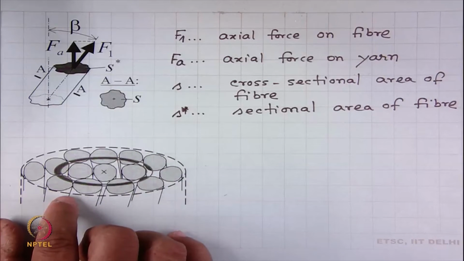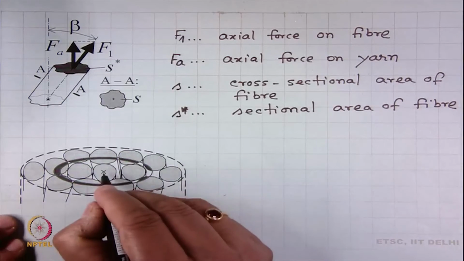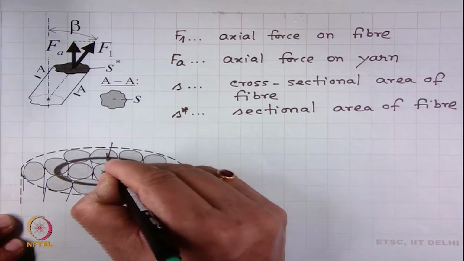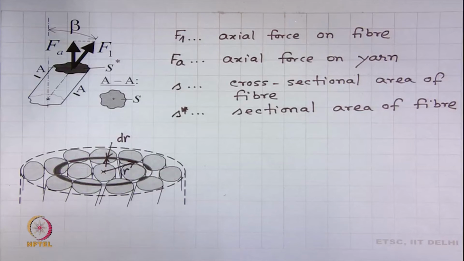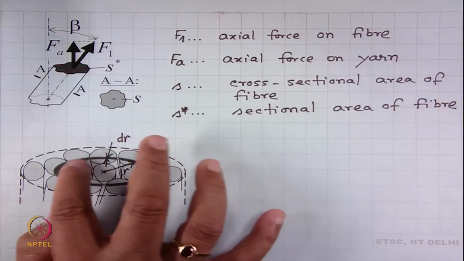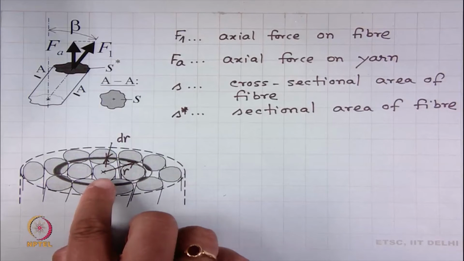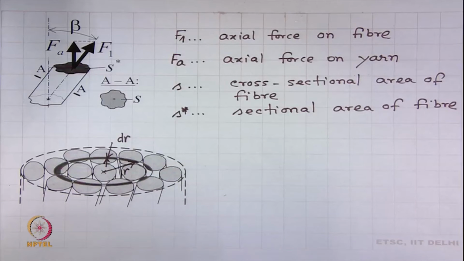We consider an annular ring which is situated at a radius r and whose thickness is dr. If we find out the force developed on fibers in this annular ring, then if we integrate that expression from 0 to d by 2, we will obtain the total force developed in the yarn, right.